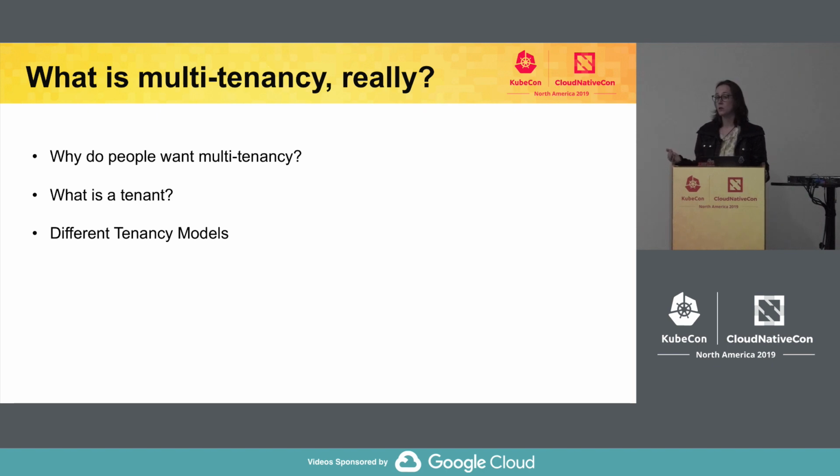We have a really great use case doc that a bunch of different SIGs have found very valuable, because they can see all the various use cases people are trying to solve for. If you have a use case you would like to bring to the working group, we would love to have that. It would be a very easy way to get started contributing and share what you're looking for out of multi-tenancy. And finally, we're looking at different models of tenancy.